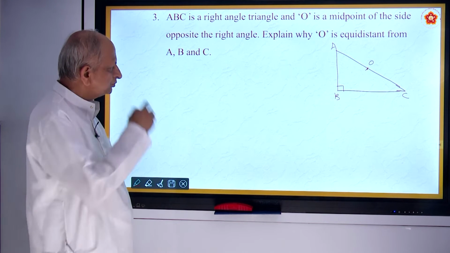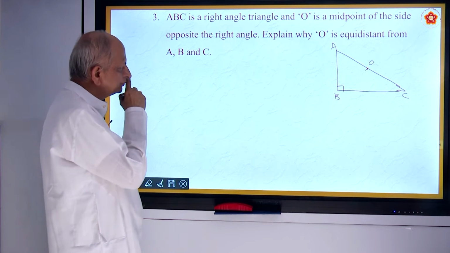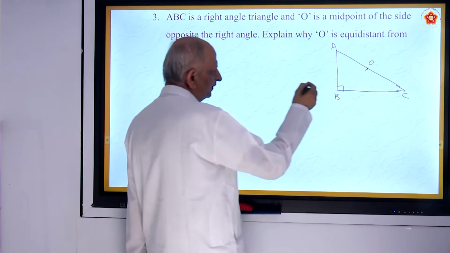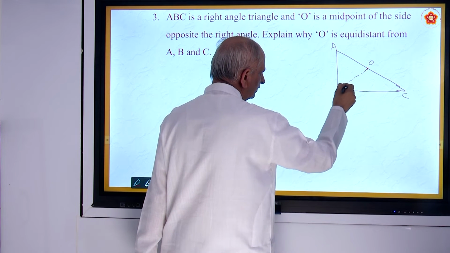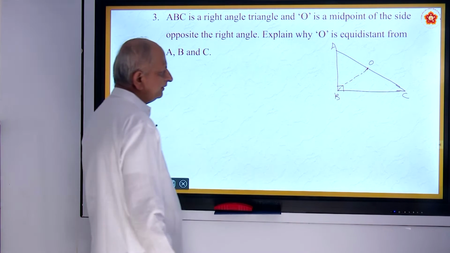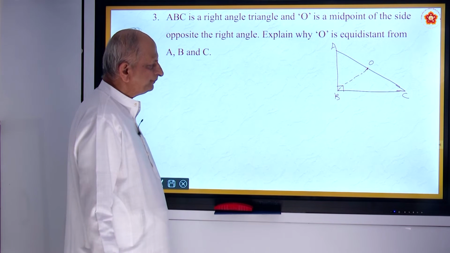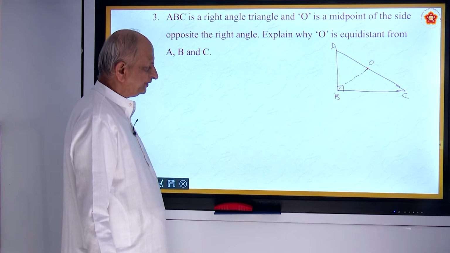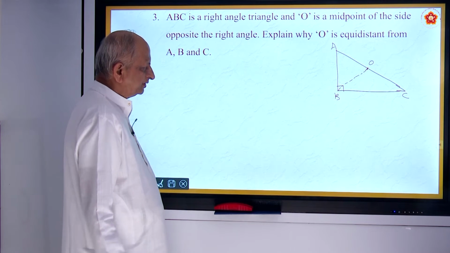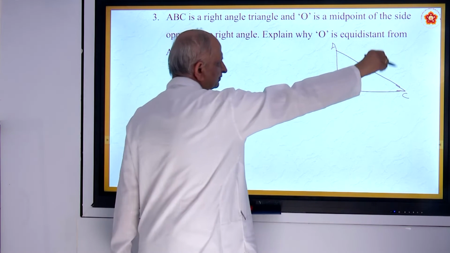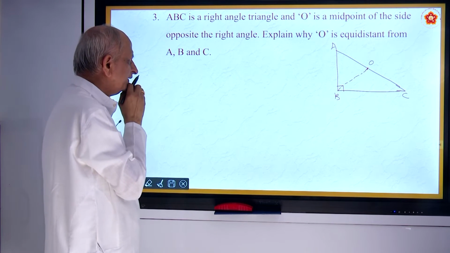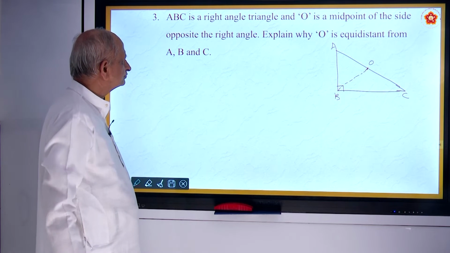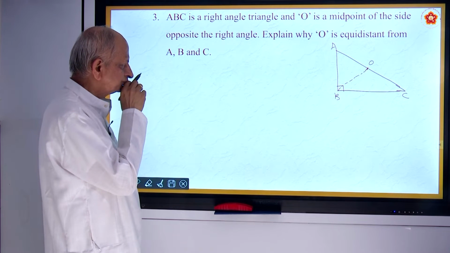So, here equidistance means the distance of OA is equal to OB is equal to OC, means O is the center. A circle will pass through this, correct? So, what can you write?